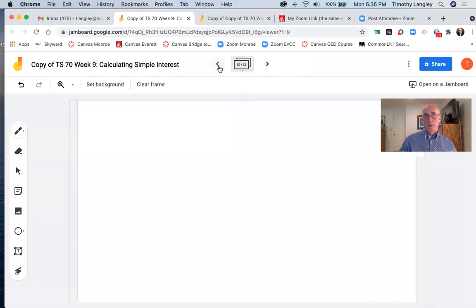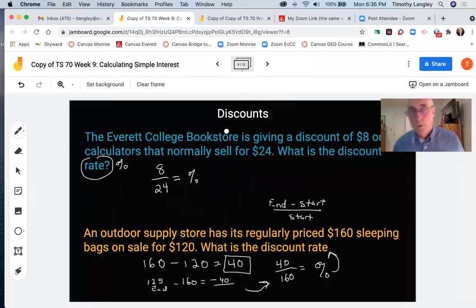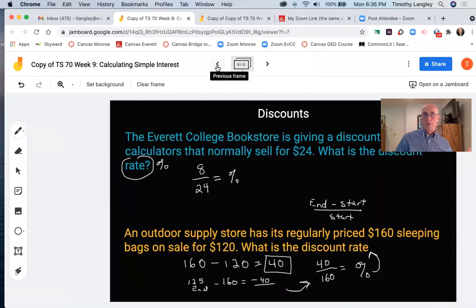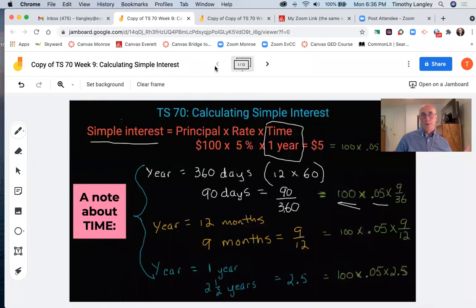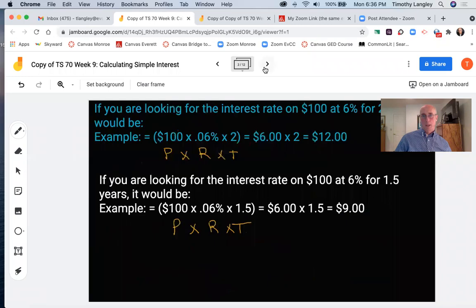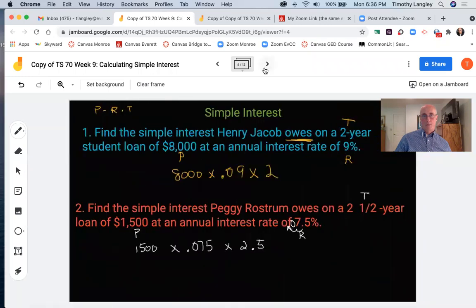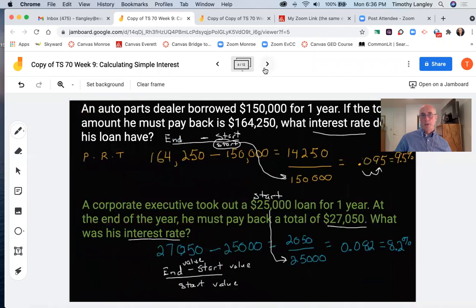Yep, I was right. That was our last slide. Okay, folks, so what we covered tonight was calculating simple interest, and I told you, here's our rule: principal, which is the amount of money down, or that you're paying for something, times the rate, which is the percentage, times the amount of time. That'll give you simple interest. We also talked about, and I squeezed it in here somewhere, calculating percent change, like the percent that something changed.